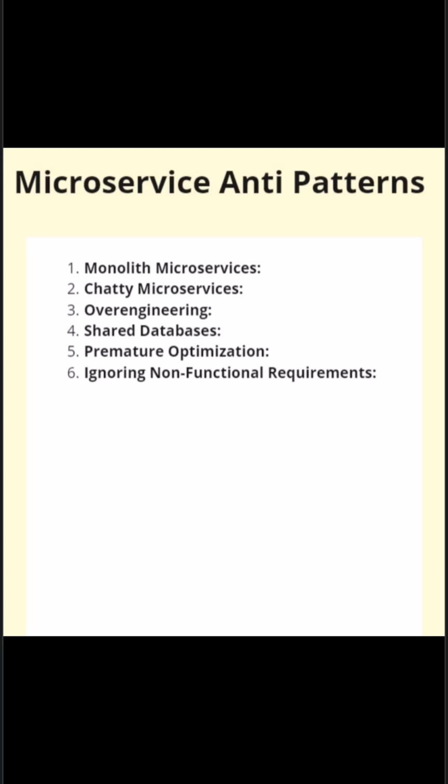To avoid these pitfalls, it's crucial to focus on proper service boundaries, maintain a decentralized architecture, and prioritize communication and collaboration among teams. That's how you steer clear of microservice anti-patterns.